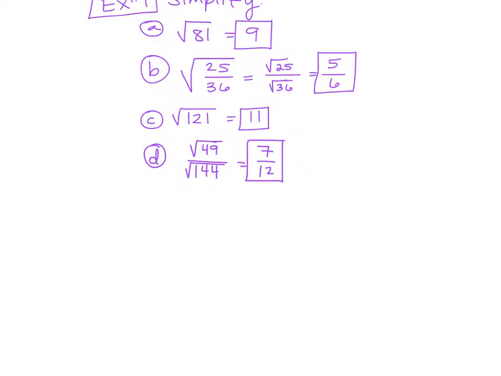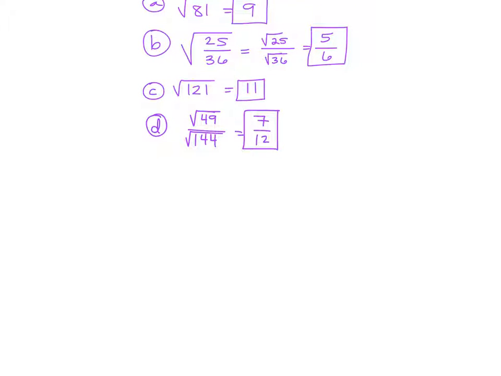Okay. So we're just going to make real quick a list of the perfect squares, which is essentially what we've been talking through. Those are all perfect squares. If you can multiply a whole number by itself, it is a perfect square. So 1 times 1 is 1, right? 2 times 2 is 4.